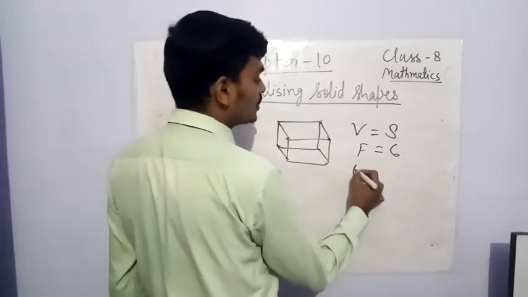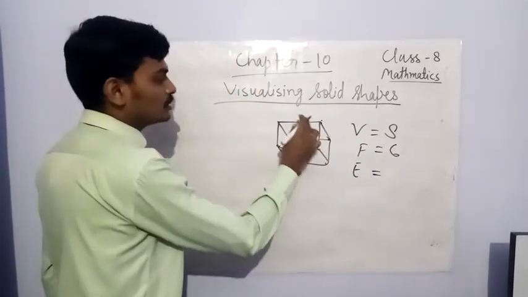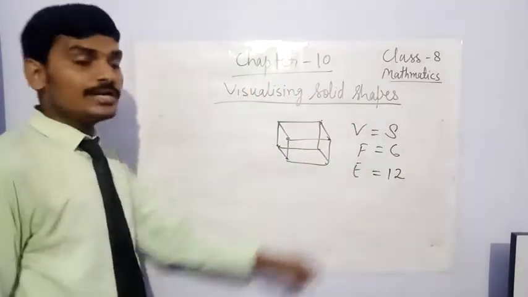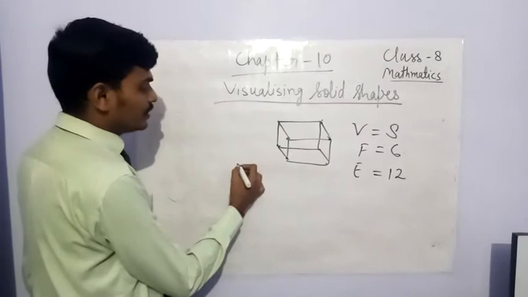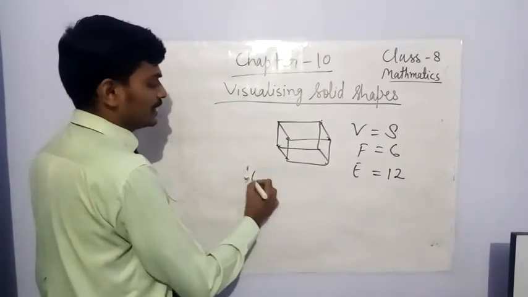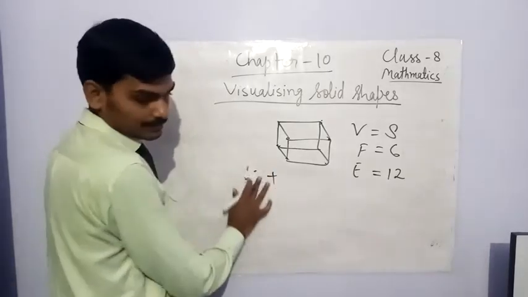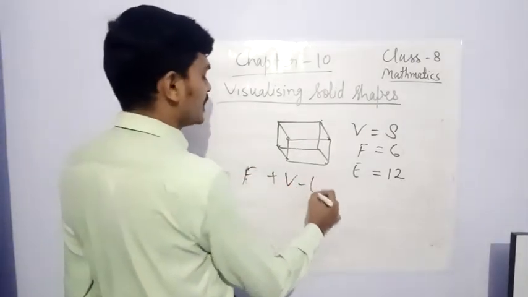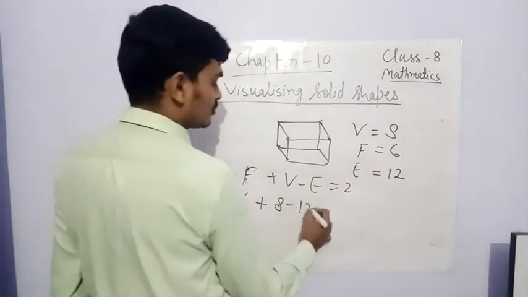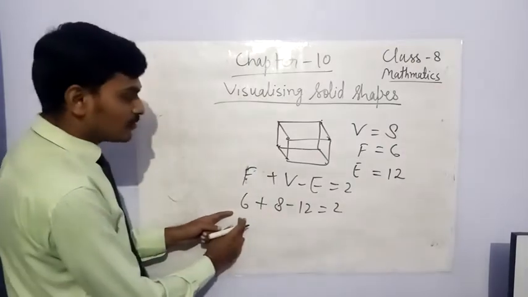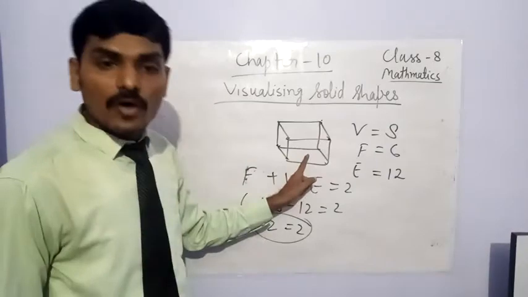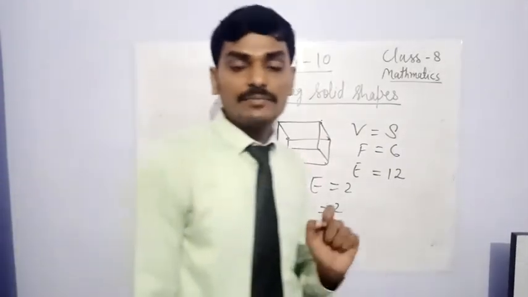And the edges E are 12. Now use Euler's formula: F plus V minus E is equal to 2. Faces 6 plus vertices 8 minus 12 is equal to 2. 8 and 6 make 14, minus 12, that is 2. So 2 is equal to 2. We will say this is a polyhedron and also a three-dimensional figure.